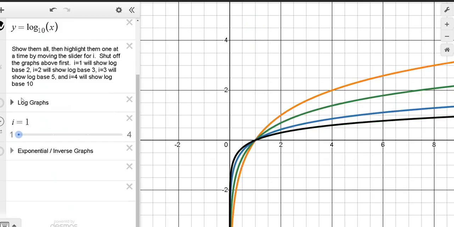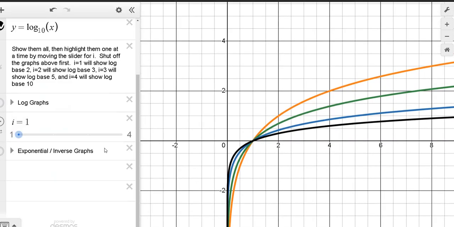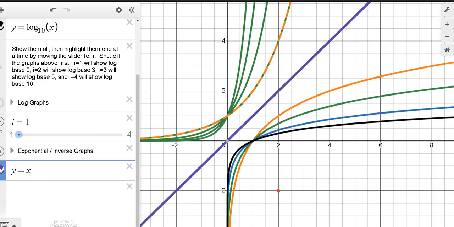So here's your graphs of logarithms. If you remember, your graphs of logarithms are inverse of your graphs of exponents. One of the important things I said about the graph of exponents is that they all have to pass through 0, 1. Now what's that going to mean in terms of your graph for logarithms? What's going to happen to your graph of logarithms? Yeah, they're going to have to pass through 1, 0.